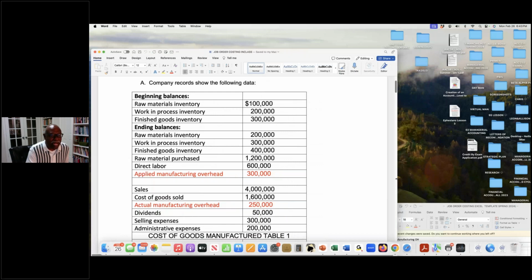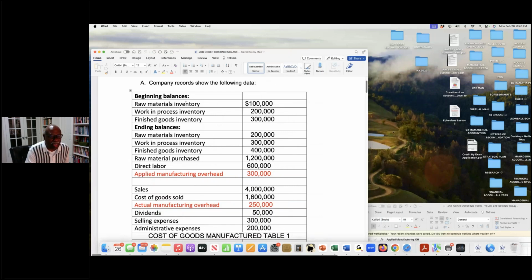We have beginning balances. So this one has everything in it, but still it's raw materials, work in process inventory, finished goods inventory. But it's always going to be raw materials, labor, and overhead. Raw materials, labor, and overhead.